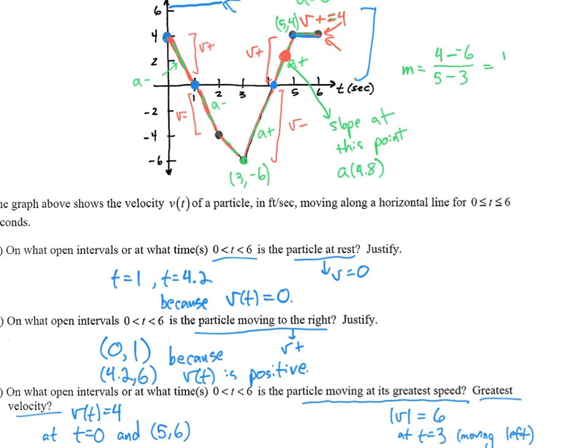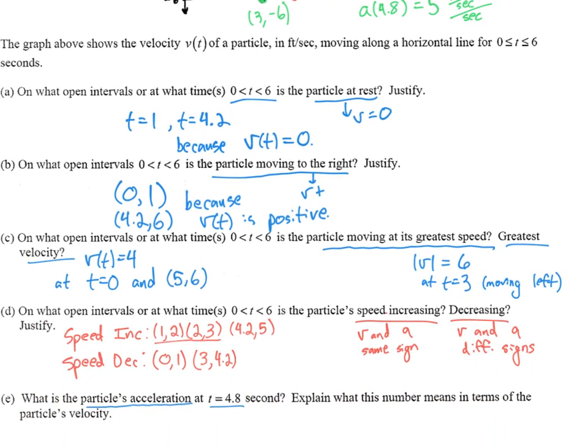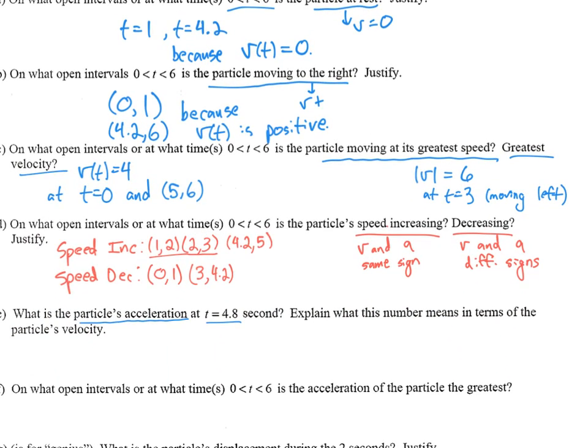We'd end up with 10 over 2, which is 5. So my acceleration at 4.8 seconds would be 5 feet per second per second. So I'm going to record that down here. The acceleration at 4.8 seconds is 5 feet per second per second.